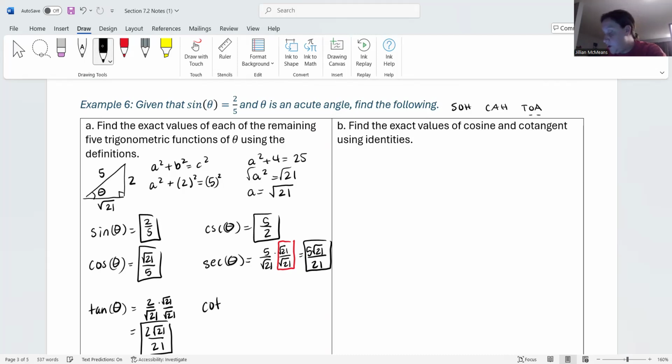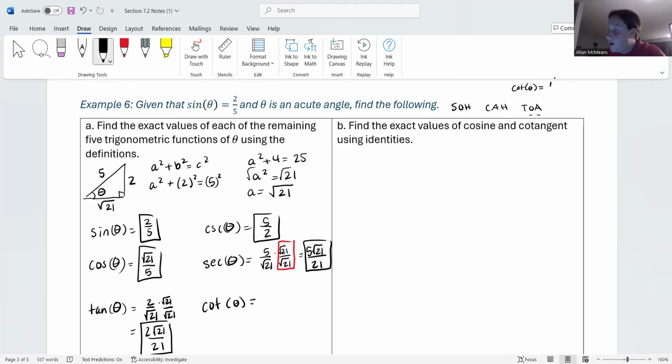And then finally, we have cotangent of theta. Well, cotangent, you can do this two ways. You can do just the reciprocal of tangent, or you can remember up here that if tangent is opposite over adjacent, cotangent is going to be adjacent over opposite. So you can use the reciprocal of this relationship. It'll be a little bit easier than using the reciprocal of what we have here. So cotangent of theta is equal to the reciprocal of tangent. So tangent is opposite over adjacent.